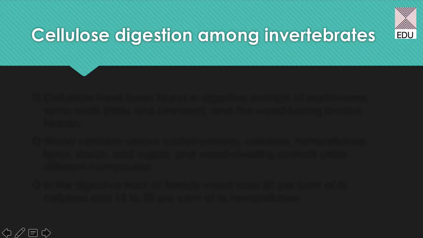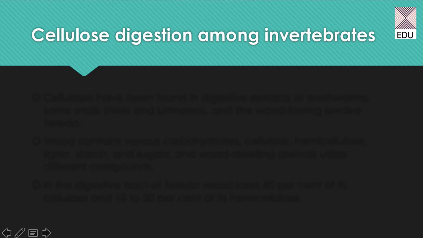Dear students, in this part of the video, we will be talking about cellulose digestion among invertebrates. In the previous two sections of this topic, we have discussed various ruminants, including the cattle.